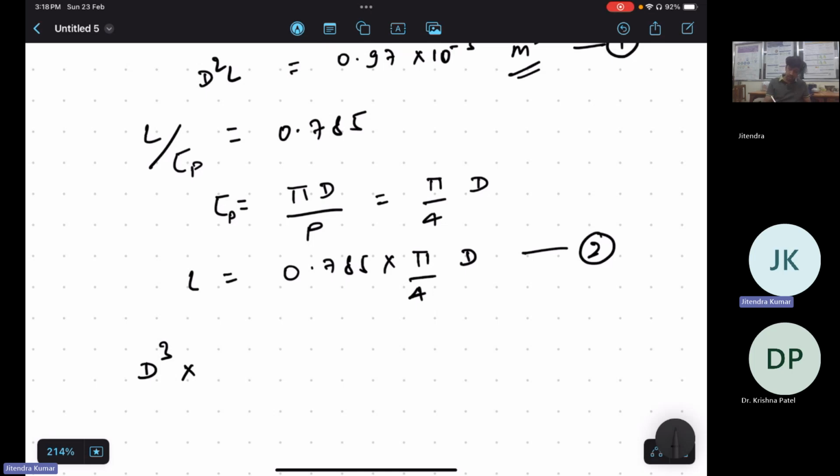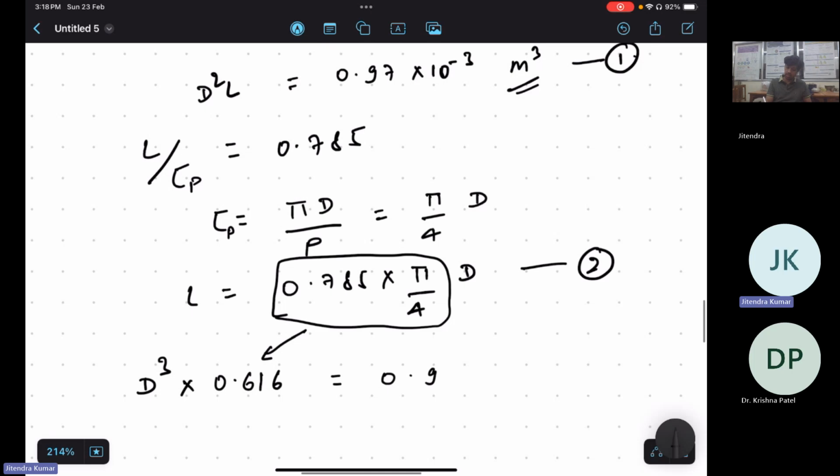If you calculate this value, you will get 0.616 d cube is equal to 0.97 into 10 raised to the power minus 3.